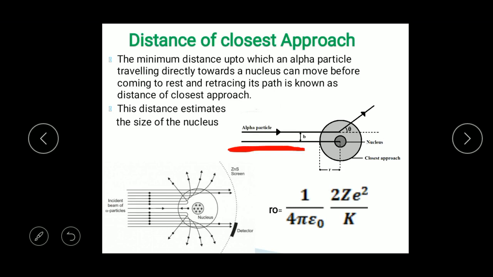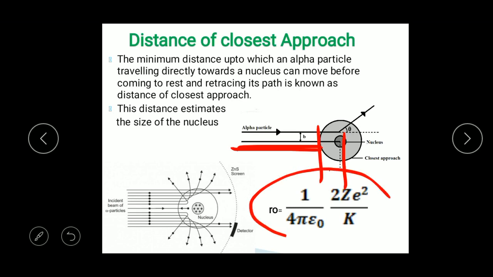After that, due to the Coulomb force of repulsion between the alpha particle and the nucleus, it retraces its original path. For example, the alpha particle reaches up to this point, then retraces its path. This distance is called the distance of closest approach.